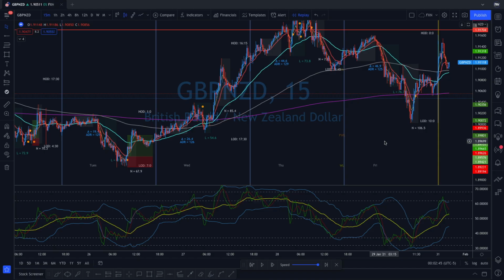So your job, especially if you're trading the US session, is to find what pairs specifically match your trading style for the US session. What are the pairs that tend to repeat themselves over and over again, and I mean repeat themselves with the same setups that you like to trade throughout the US session?